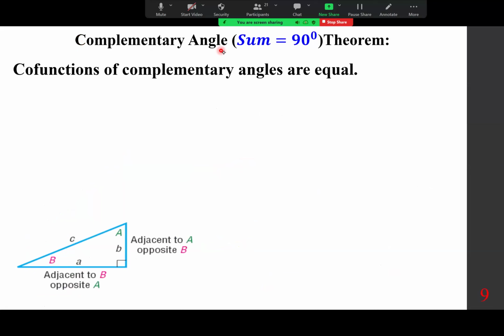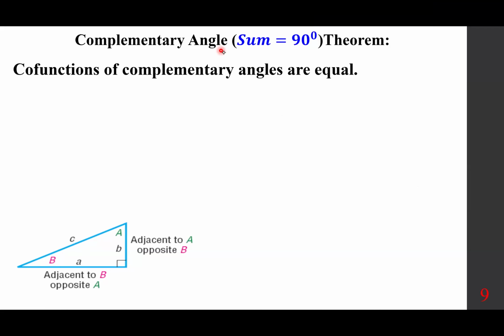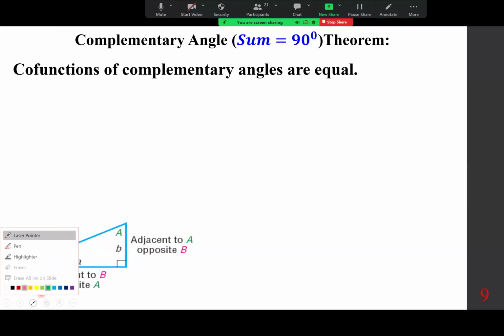Complementary angle. Sum is equal to 90 degrees. So we are looking at complementary angles. I hope you remember that from algebra.